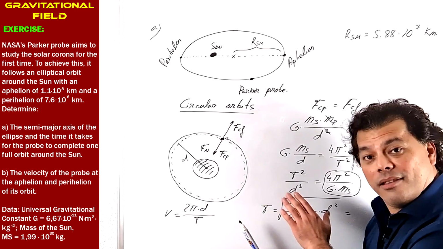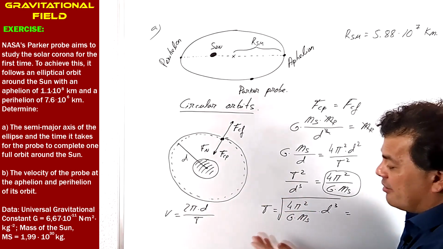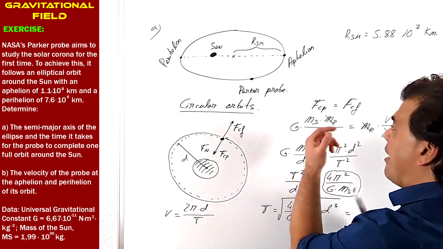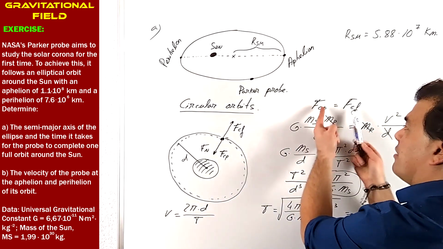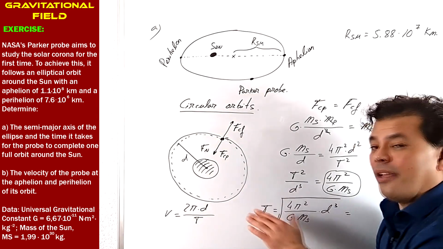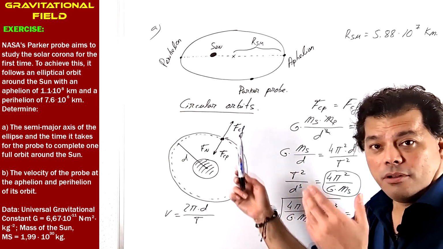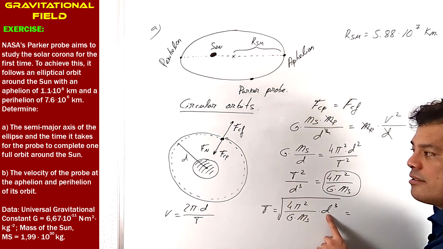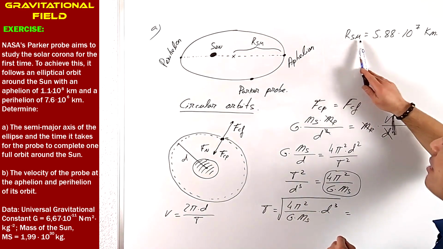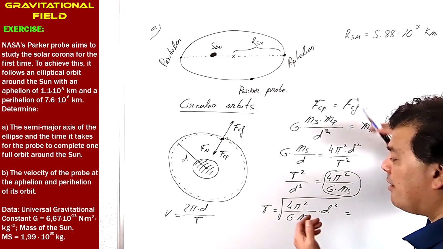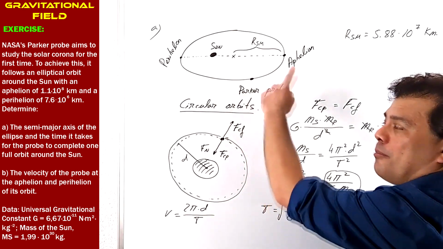So don't forget what we've done. This result, obtained from balancing the centripetal force and the centrifugal force, can be used in elliptical orbits only by replacing the distance of the orbit by the semi-major radius, and we will obtain the period of our probe.